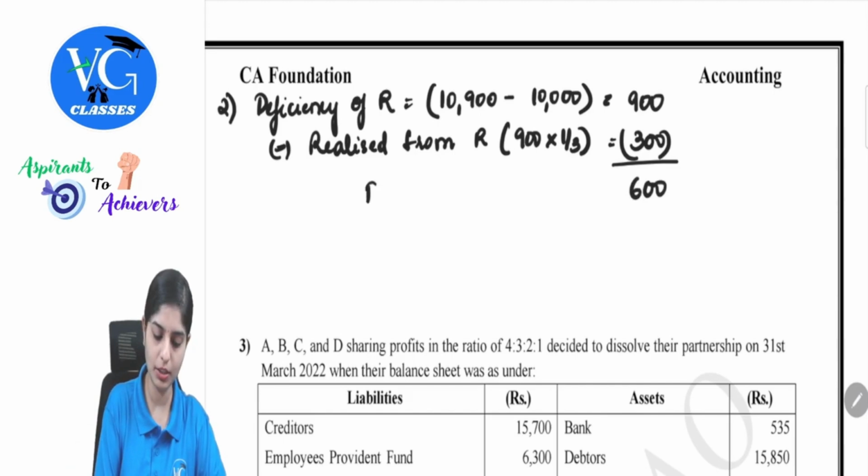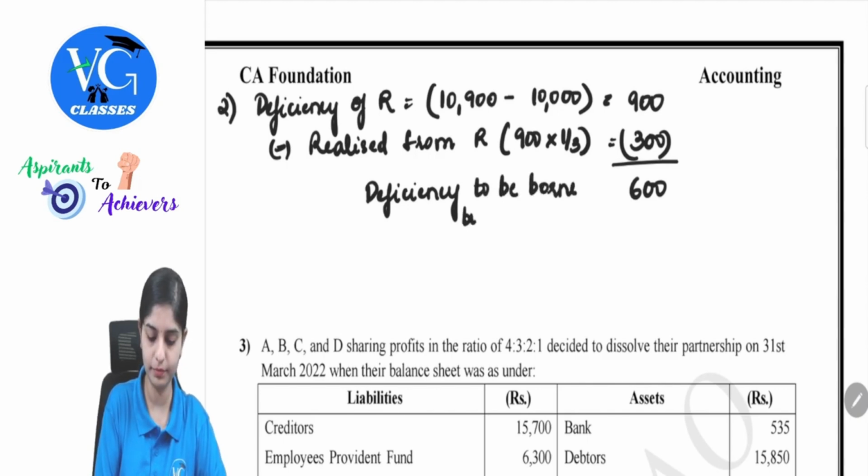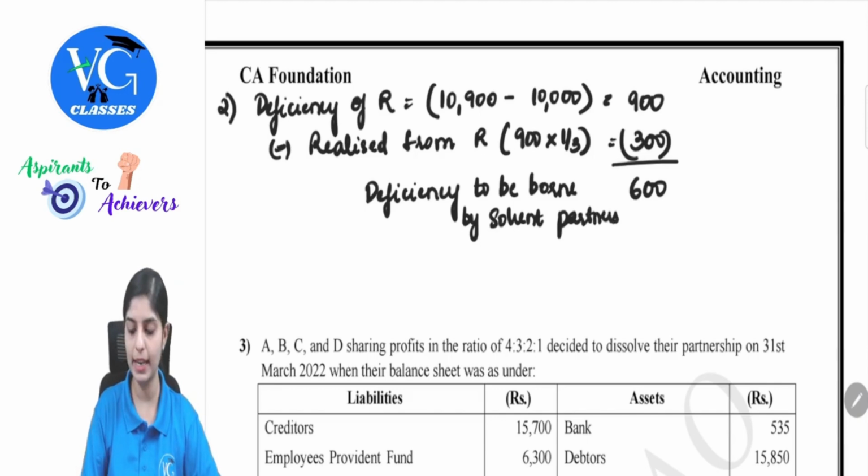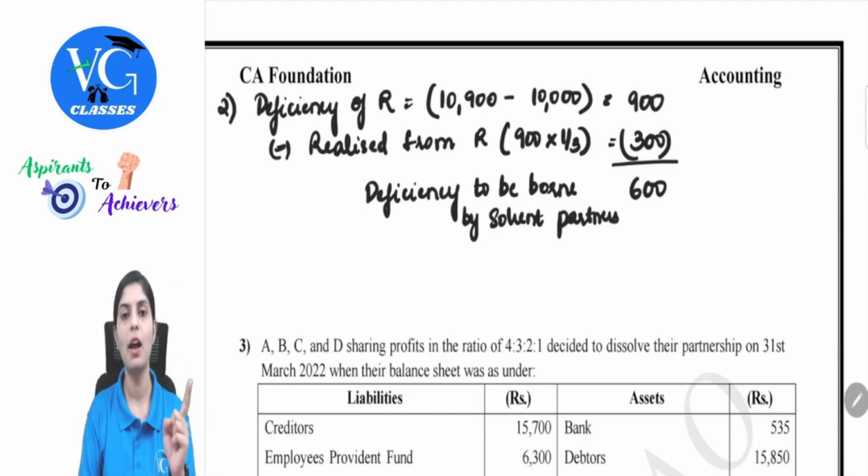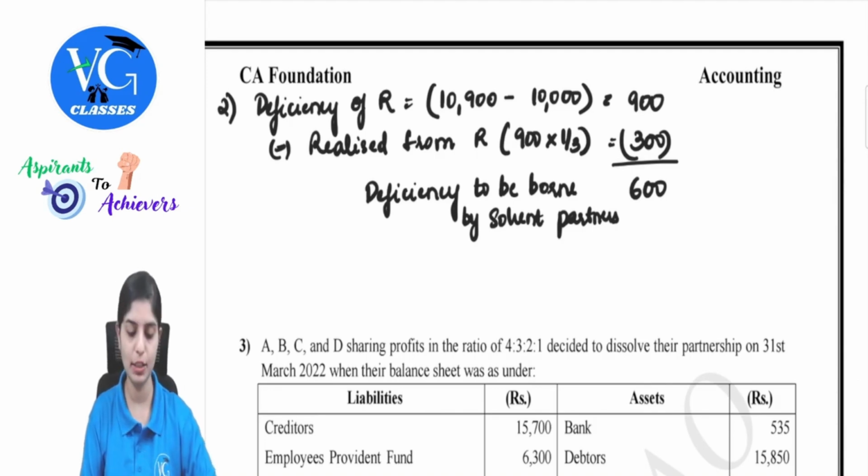This is the deficiency to be borne by solvent partners in the capital ratio. Now, what were the steps of applying Garner versus Murray? First, the solvent partners should bring in capital equal to the realization loss.